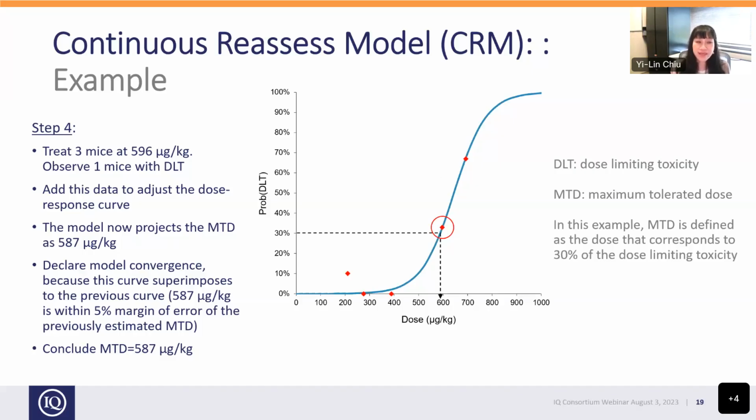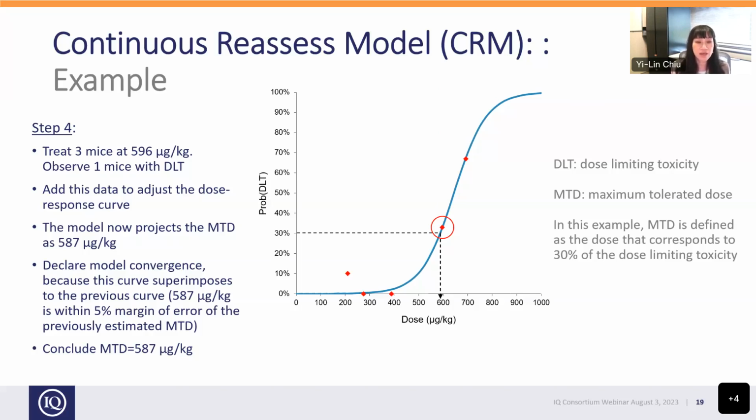We can declare model convergence simply because this curve superimposes the previous curve. Or we can set up some sort of criteria, for example, 587 microgram per kg is within a 5% margin of error of the previously estimated MTD.